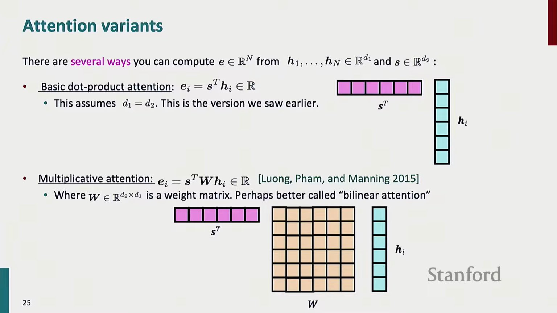So the one thing you might wonder about doing it this way is, there's a lot of parameters that you have to learn in the matrix W. There aren't that many in my example because there are only 36, but that's because my hidden states are only of length 6. And if your hidden states are of length 1,000, say, then you've got 1,000,000 parameters in that W matrix, and that seems like it might be kind of problematic.